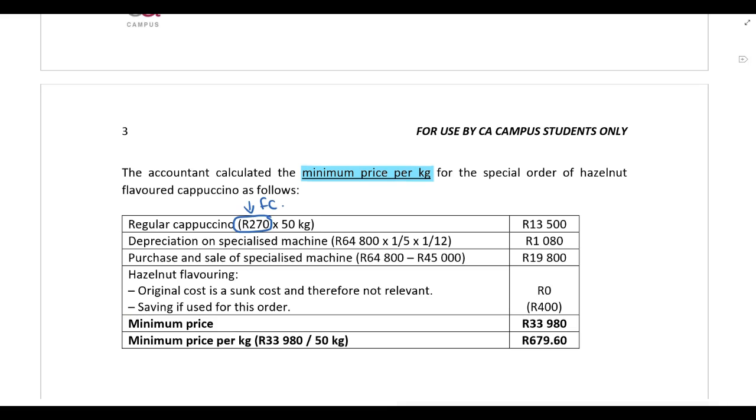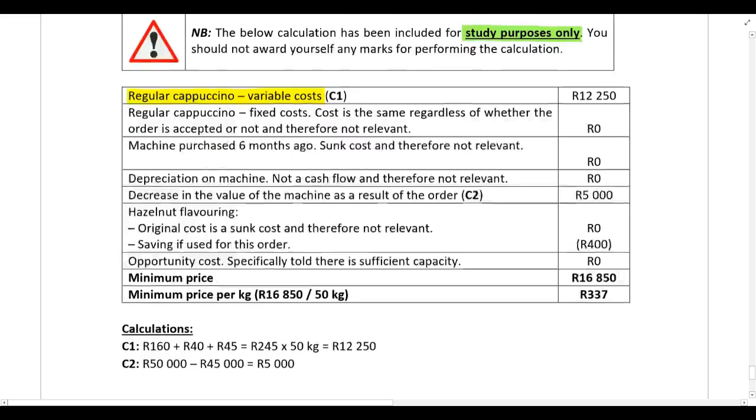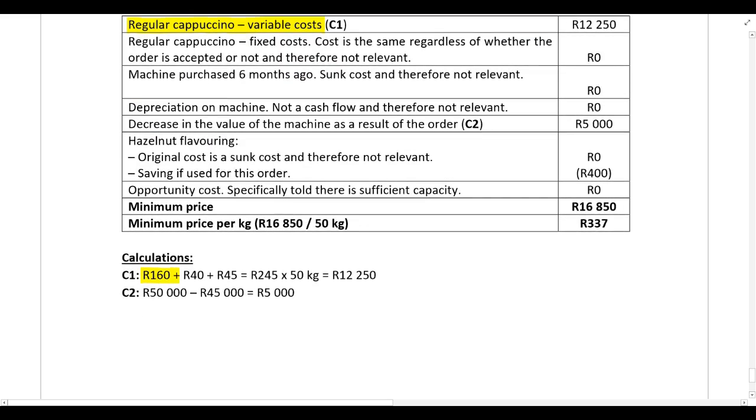So if we jump to the suggested solution, I'm going to look at the calculation first, but remember guys, you don't need to do the calculation. This is just for completeness' sake. So with the calculation, you can see we have all of the variable costs associated with producing the regular cappuccino. So don't include the fixed overhead, just all of the variable costs multiplied by 50 kilograms.